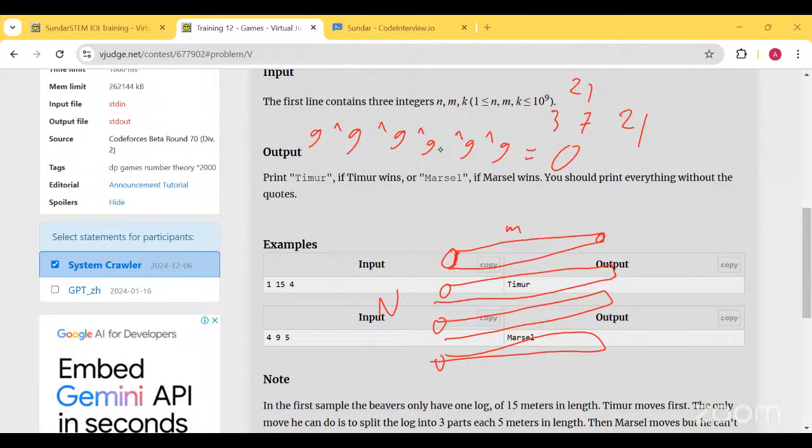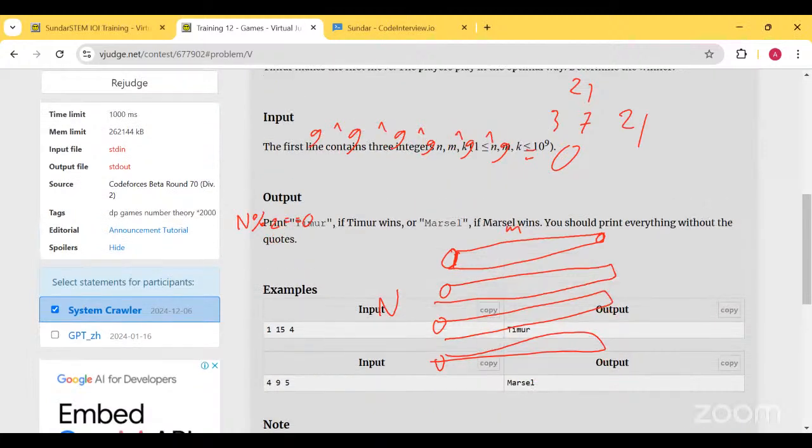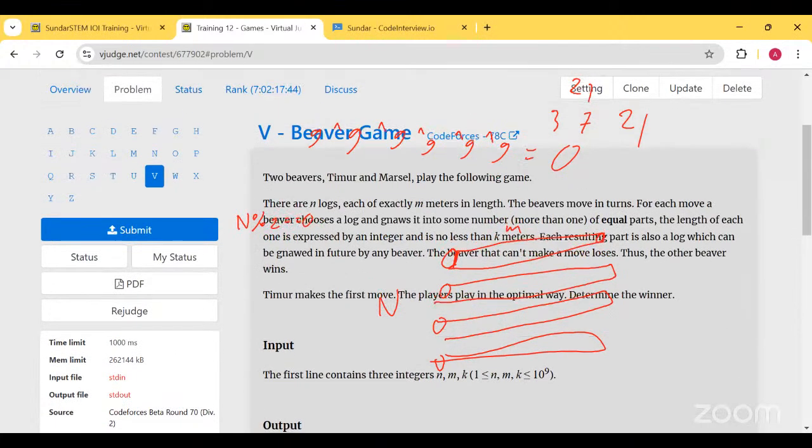Abdullah already has the idea. What is your solution? So if N is even, the XOR is 0. That's why the second player wins the game.